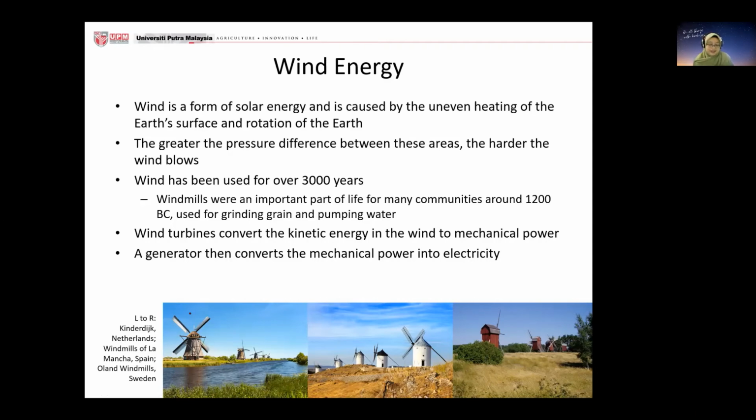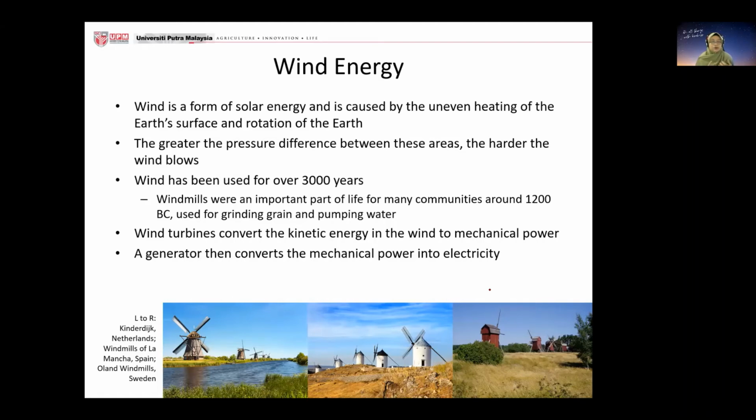So in Netherlands, for example, the first one is in Netherlands, the second one is in Spain, the third one is in Sweden. So basically, these have been used for a long time already. And basically, it converts kinetic energy in the wind to mechanical power, right? So this is what has been done with the medieval people.